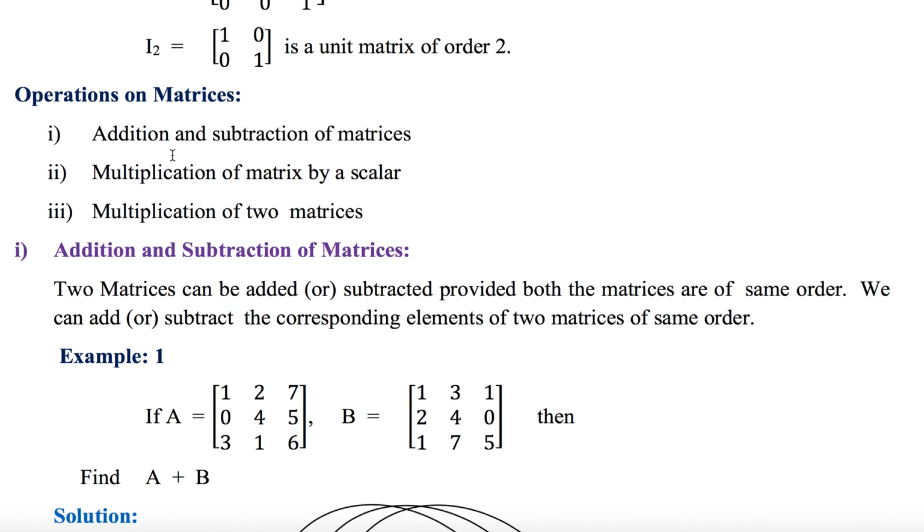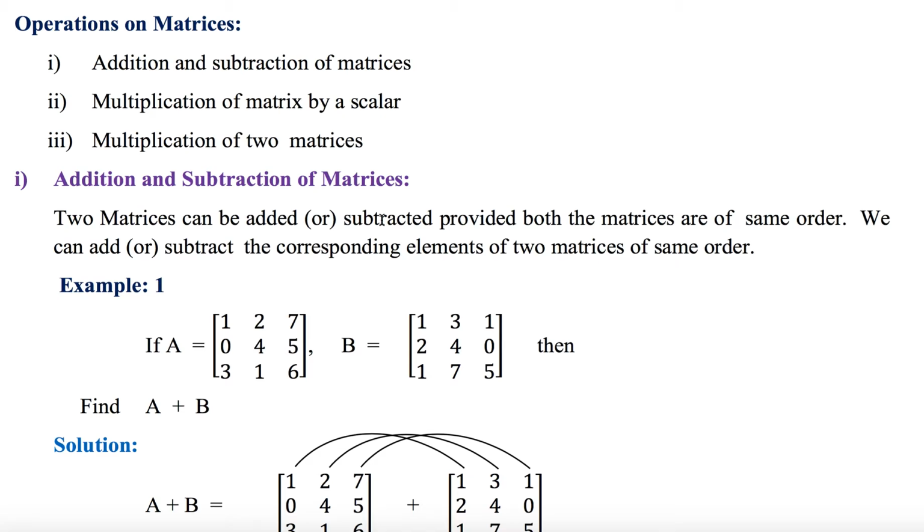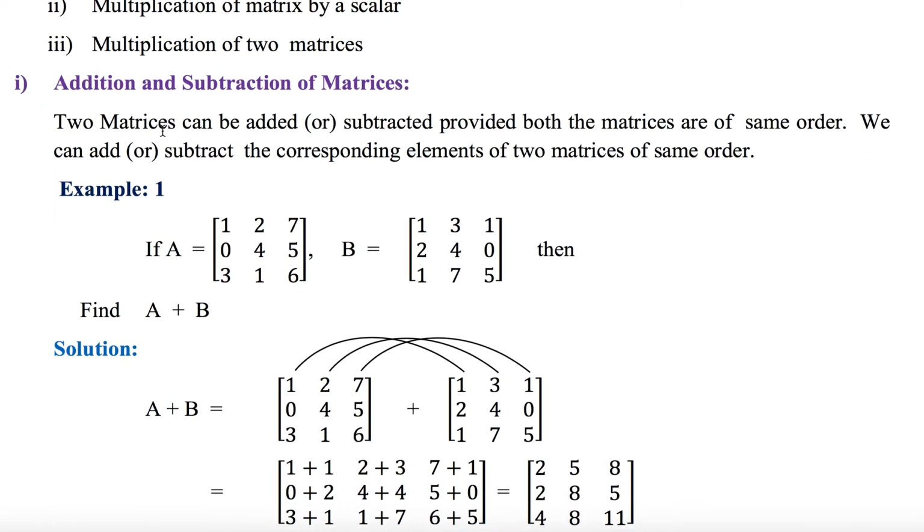Operations on matrices: addition and subtraction of matrices, multiplication of a matrix by a scalar, multiplication of two matrices. Addition is pretty straightforward. The corresponding elements must be added.